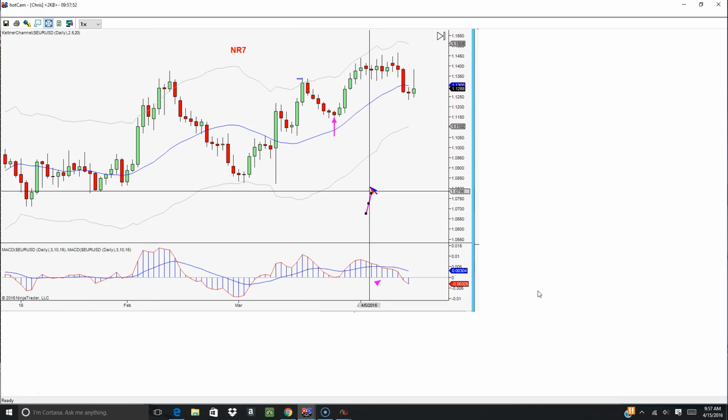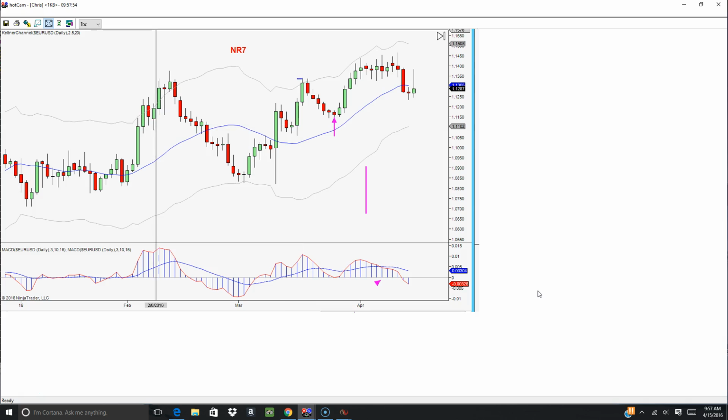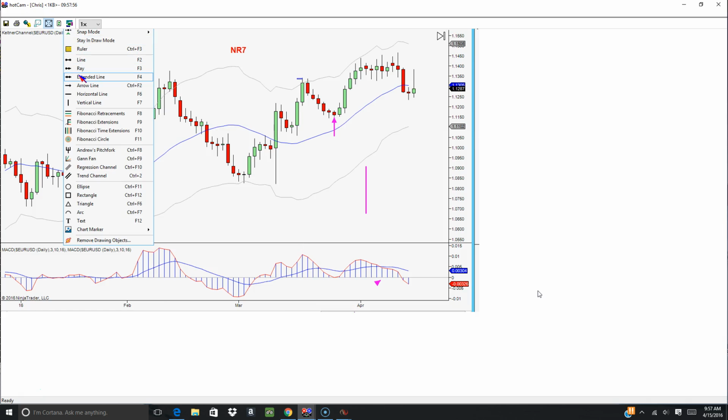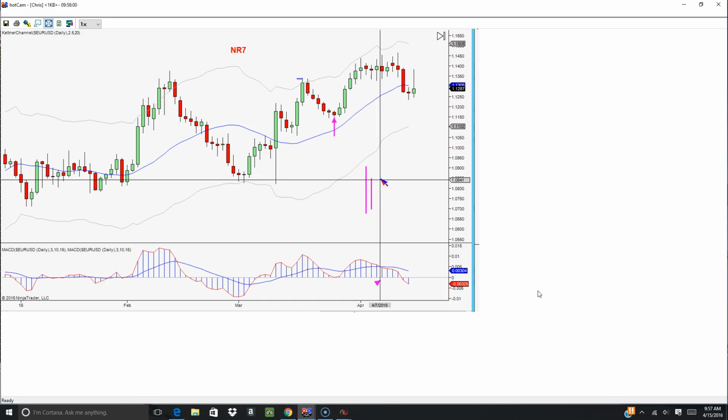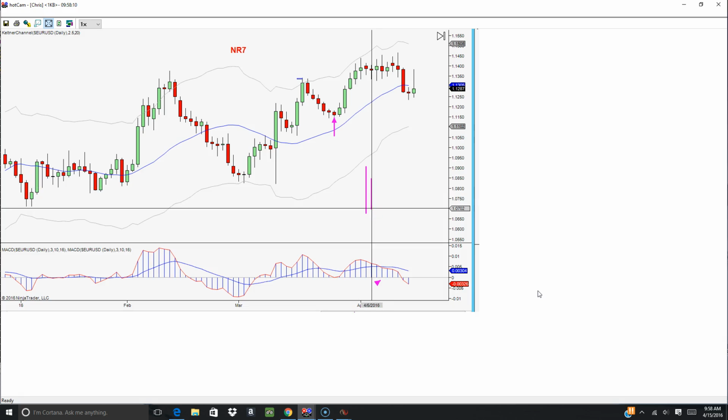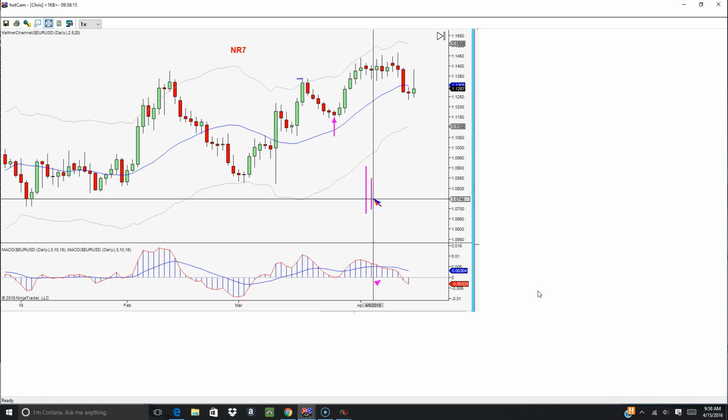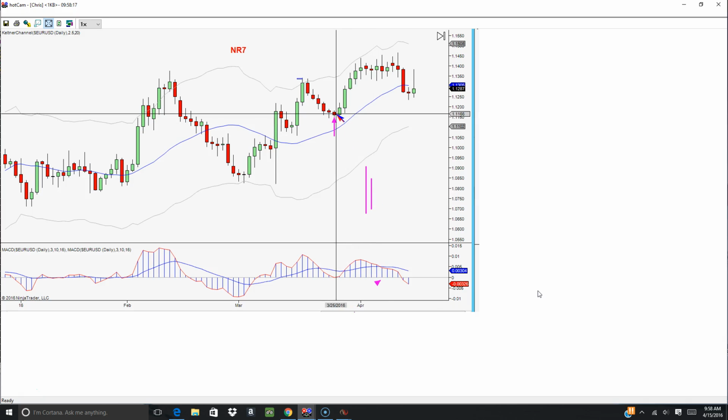Let me show you. That's one day, and this is the next day. An inside day means that the day's high was lower than the prior day's high, and the day's low was higher than the prior day's low. So this right here is an inside day.